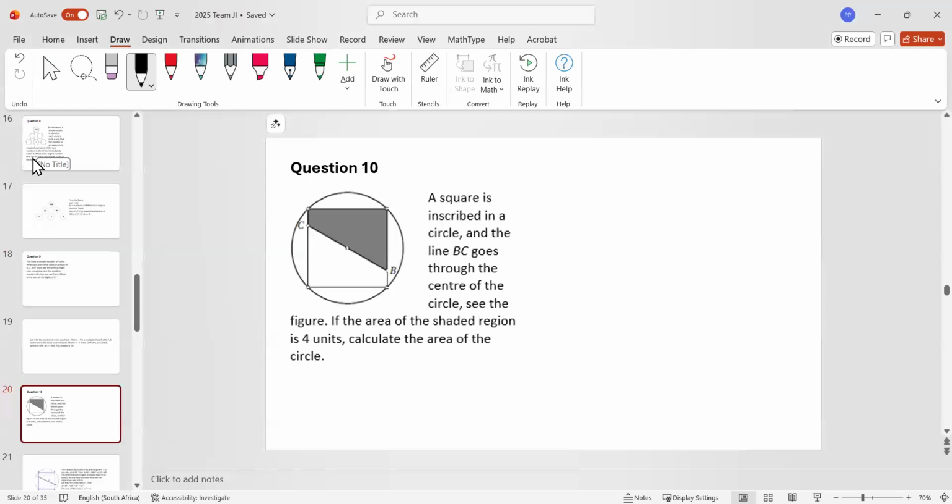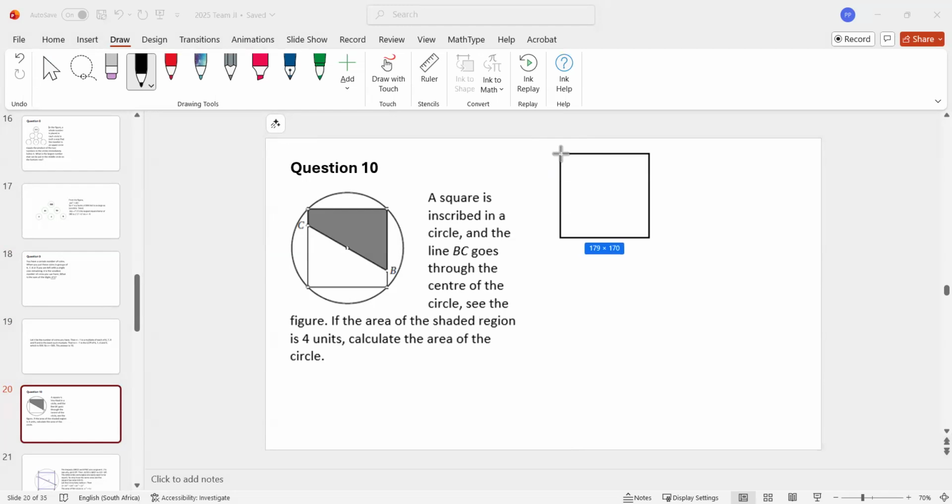Okay, before I go on, one of the things that strikes me in this problem is you've got a line which goes to the center of a square. And one property of a square is the following.